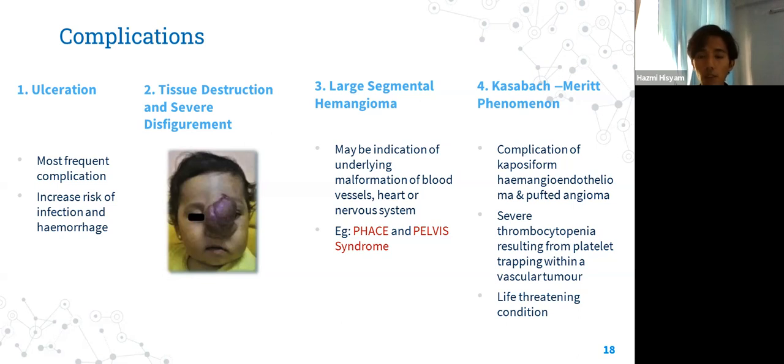And the fourth complication of hemangioma is known as Kasabach-Merritt phenomenon. It is a complication of kaposiform hemangioendothelioma and tufted angioma. Kasabach-Merritt phenomenon is a severe thrombocytopenia resulting from platelet trapping within the vascular tumor, and it is a life-threatening condition.